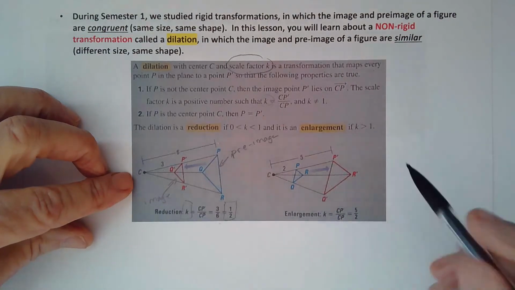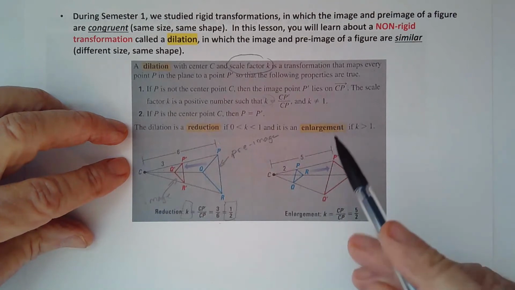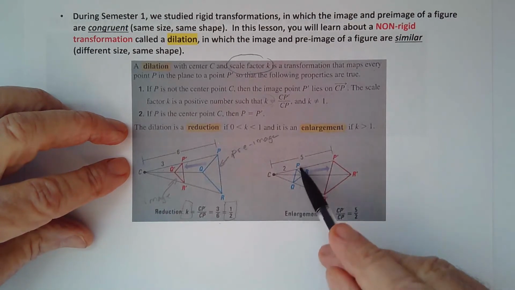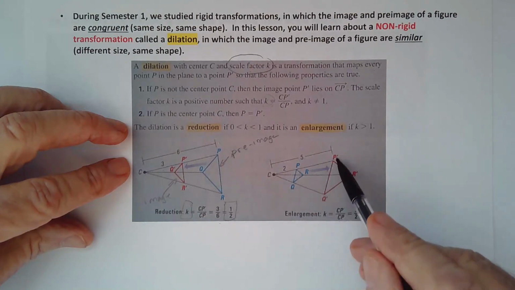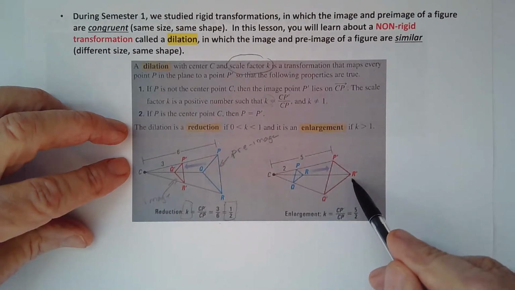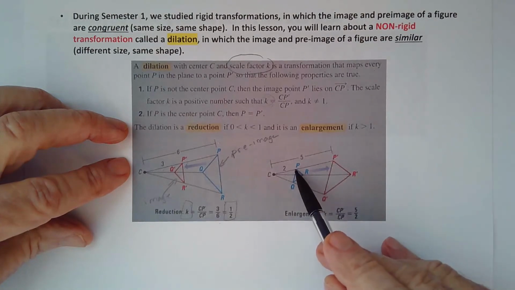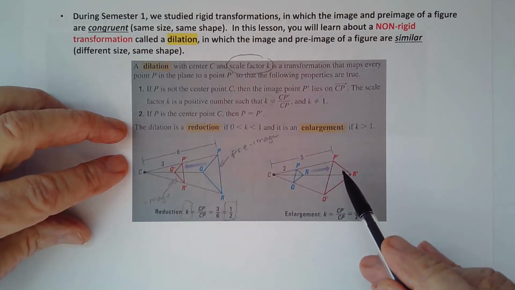Okay? If it's an enlargement, you're starting over here, and PQR now is the smaller triangle. P prime, Q prime, R prime is the larger triangle. So if P is the center point C, then P equals P prime. All right?